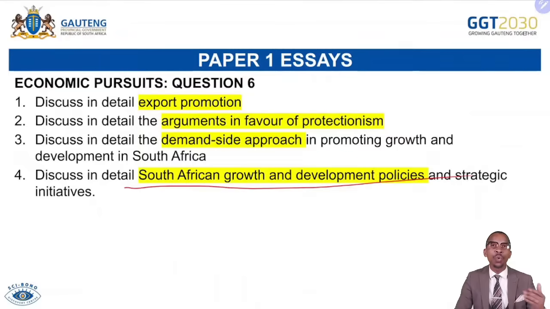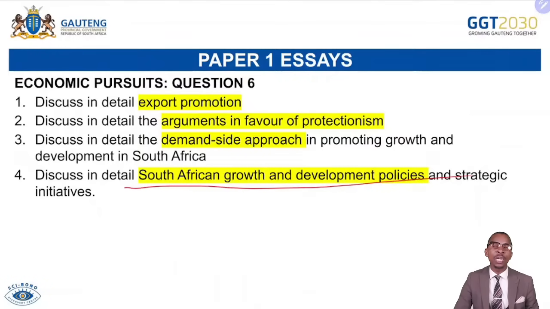Some objectives include implementing democracy, and ensuring that people have access to proper housing and shelter, proper electricity, and water supply or purified water, etc. It emphasizes the demand side, improving the economy of the country so as to improve standards of living for the population, and addressing the imbalances of the past. So if you know those objectives, then you can evaluate whether the policy has been successful or not.